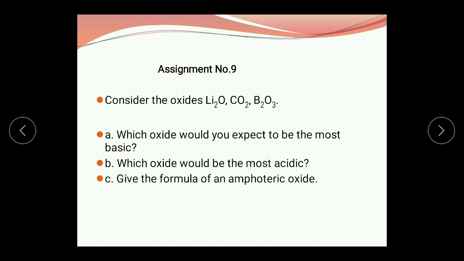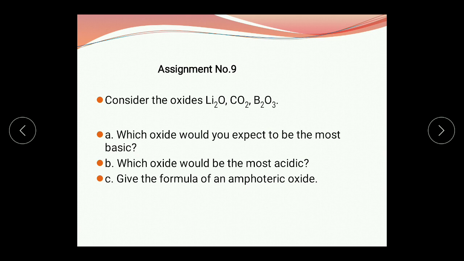We learned about the periodic trends in physical properties, in which we learn about atomic and ionic radii as well as ionization enthalpy.